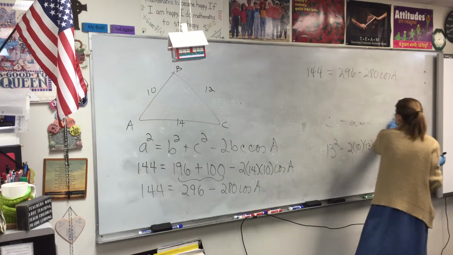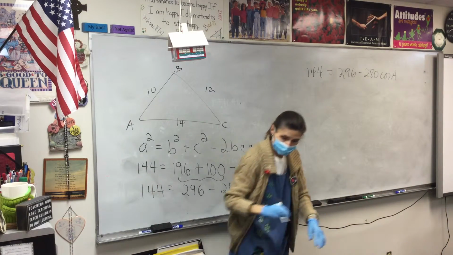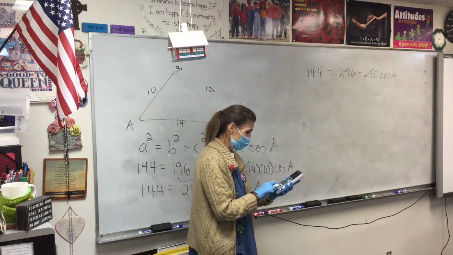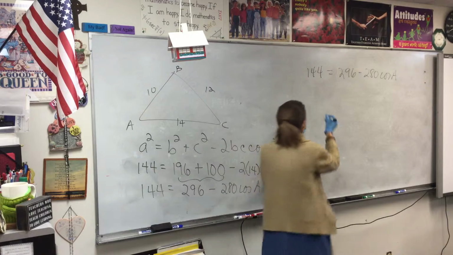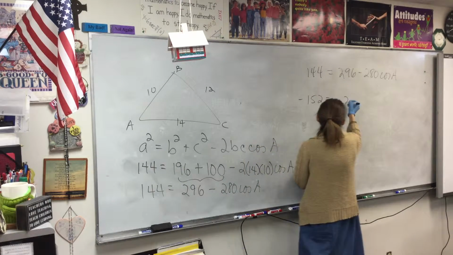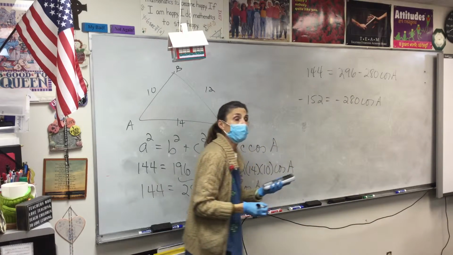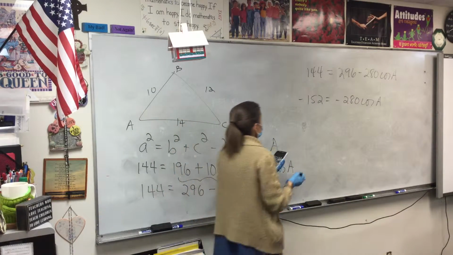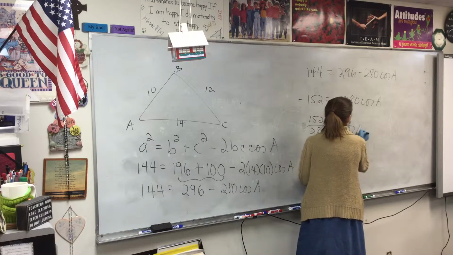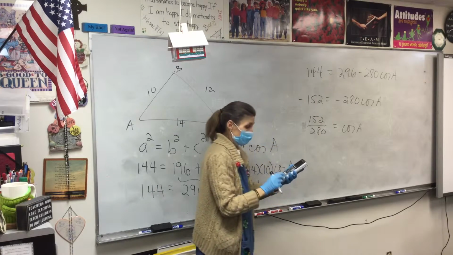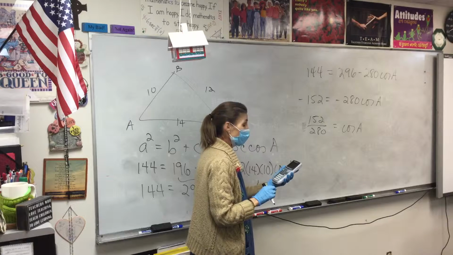What are you going to do? How are you going to go about solving that equation? Subtract the 296. So that will be negative 152 equals negative 280 cosine A. Everybody with me? Now what? Divide. So I have 152 over 280 because the negatives will cancel, right? So 152 divided by 280, 0.54.